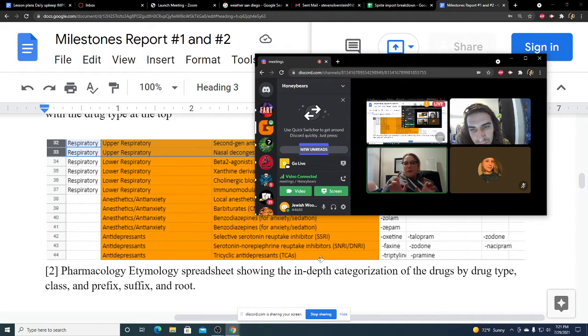So after my discussion with you, Stephen, and then with all the class stuff, she and I were discussing that we skipped scaffolding the prefix, suffix, and root with the indication, so let's do that for level 2. And then level 3 should be the full generic name and the indication, because they're already familiar with the indication.